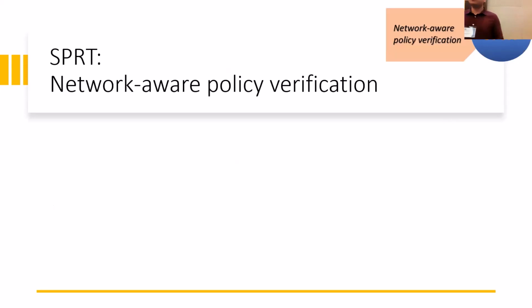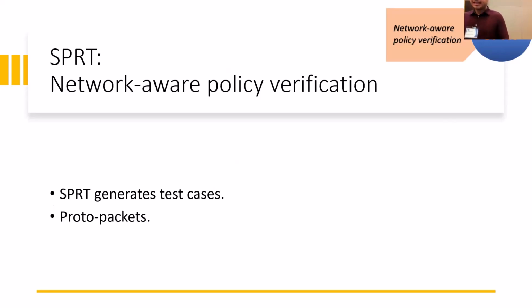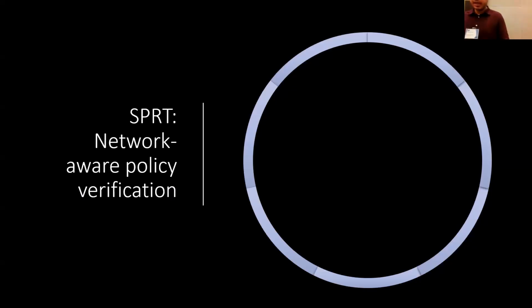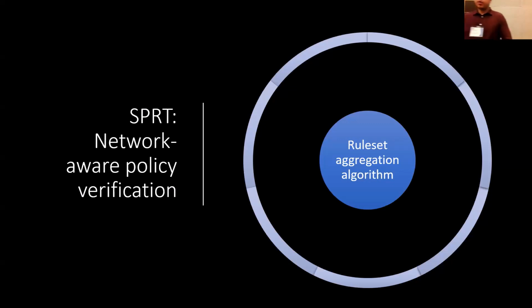What happens in the network-aware verification? SPRT will generate an exhaustive set of test cases. Those test cases are composed of proto packets that correspond to real network packets that need to flow through the network in order to satisfy the communication requirements. The core policy verification functionality is based on our proposed rule set aggregation algorithm, and it achieves 7 detectors.